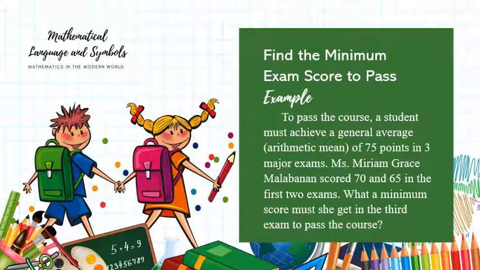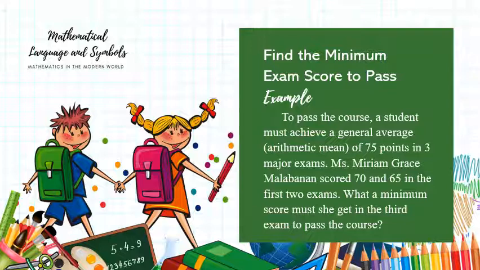Now let's have these examples. We have another example below. Find the minimum exam score to pass. So you might be wondering, what should be my final examination score so that I could pass this subject? Okay, so let's try.